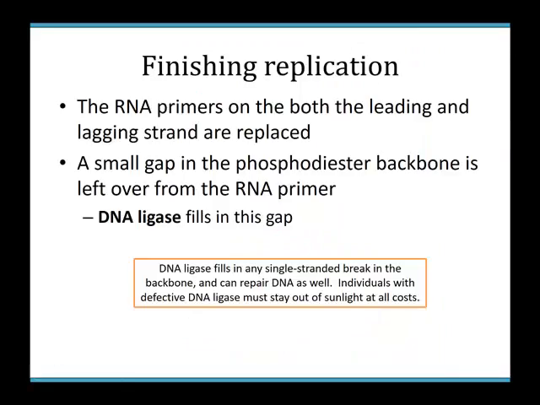Okay, so at the end here, we end up with one strand that's pretty straightforward, another strand that's a little harder to fix. So let me draw the end result here. I'm ignoring the multiple replication bubbles for now.